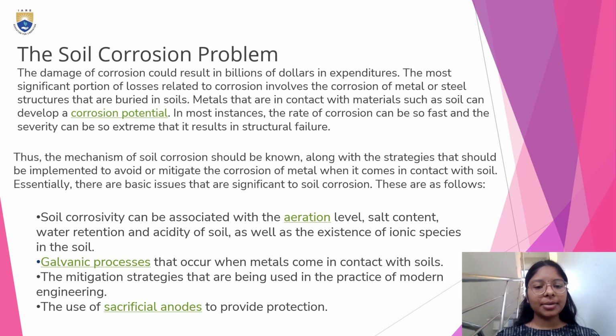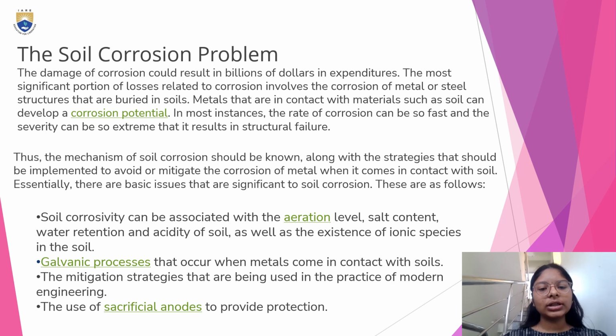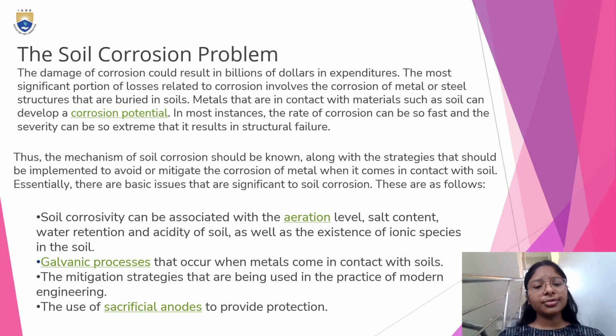Soil corrosivity can be associated with the aeration level, salt content, water retention, and acidity of soil, as well as the existence of ionic species in the soil. Galvanic processes occur when metals come in contact with soils. The mitigation strategies used in the practice of modern engineering include the use of sacrificial anodes to provide protection. We go into the next slide.